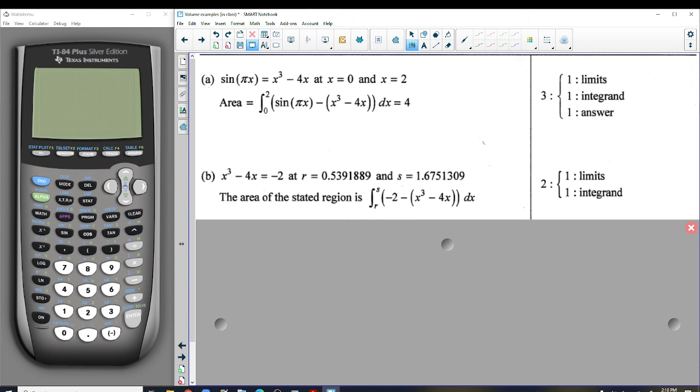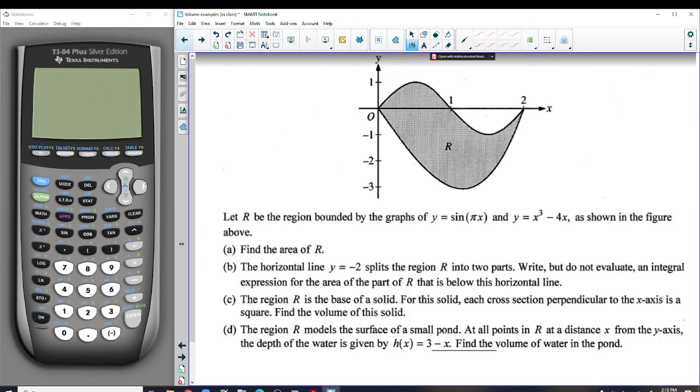B's actually fairly simple, in that you have this line at -2, and if you find those two intersection points, I'll call them A and B, I'll skip finding the values. You can see the values on the rubric.